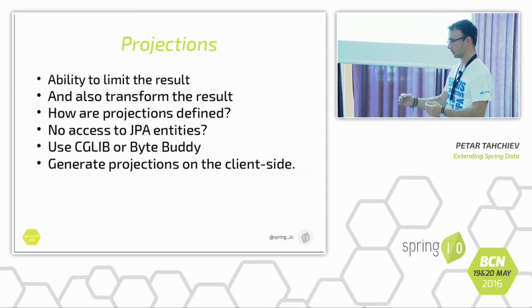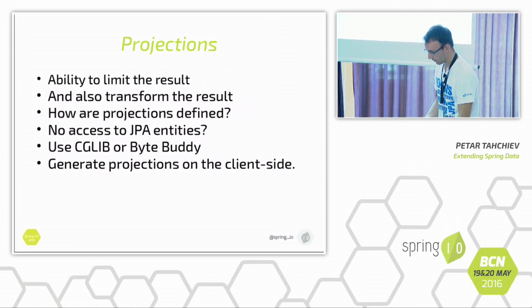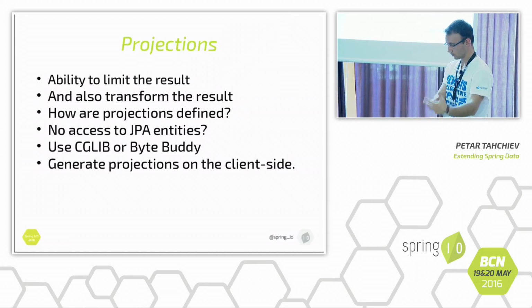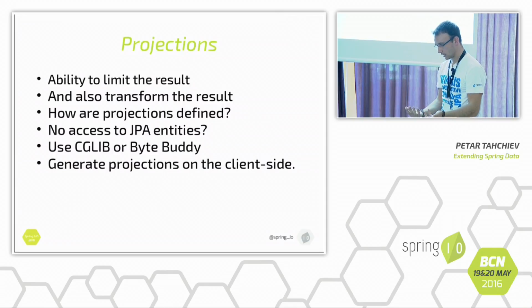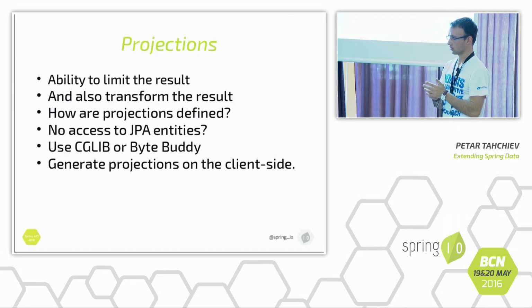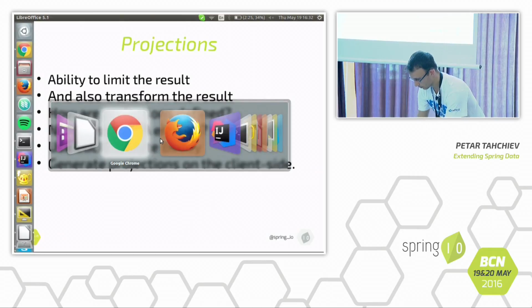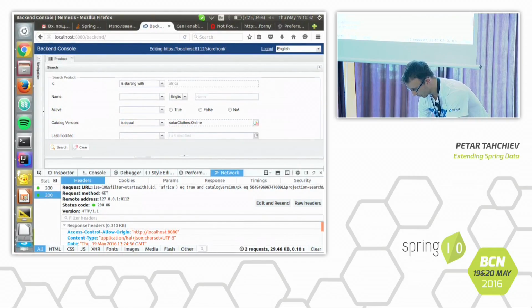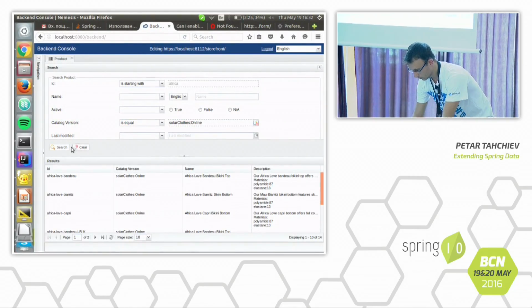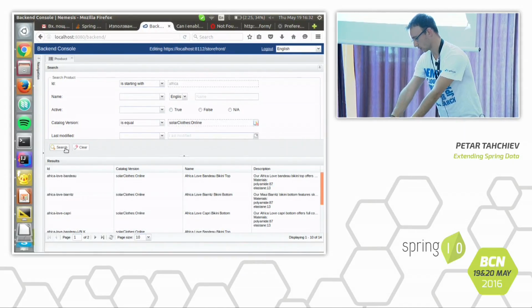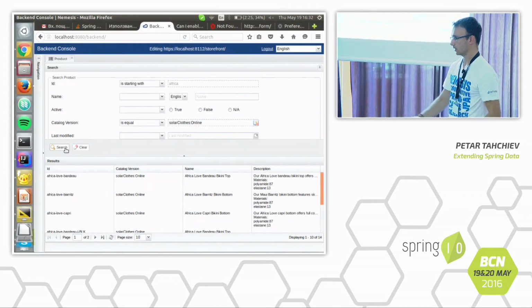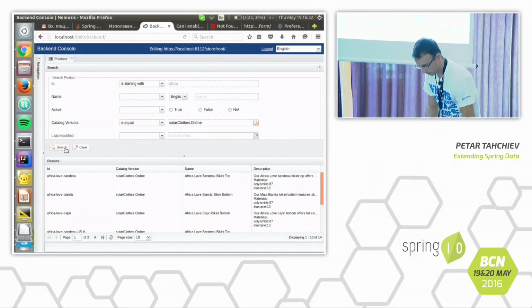But like I told you, I don't have access to the JPA entities because those are generated on the client side. So we had to come up with something else. And because we want search projections all the time for all of our entities, purely because when I click search here, I need a search projection. I don't need the whole JSON that is returned.